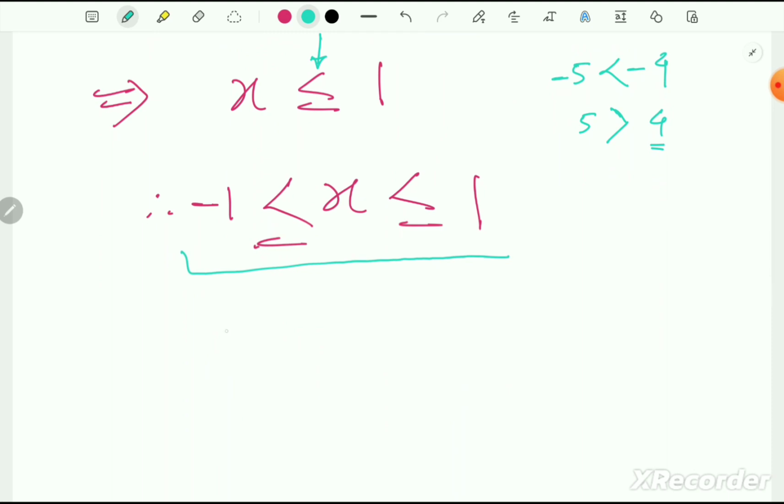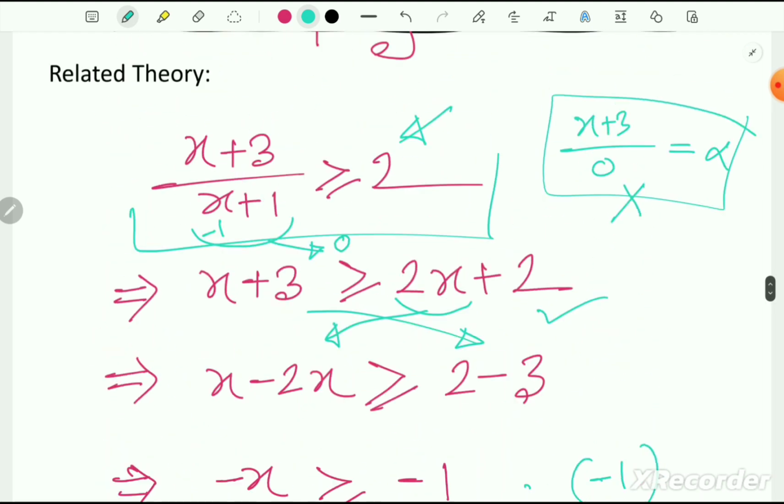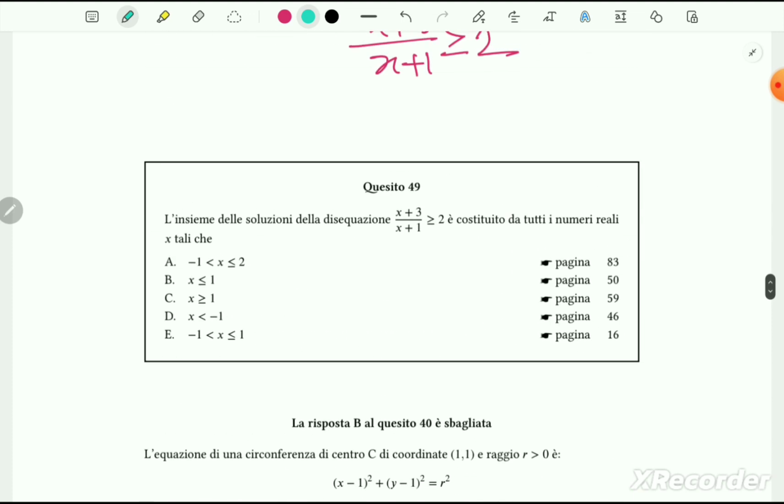So we can rearrange and write again -1 less than x less than or equal to 1. So this is our final answer. We'll go to the options, and option E is our correct answer.